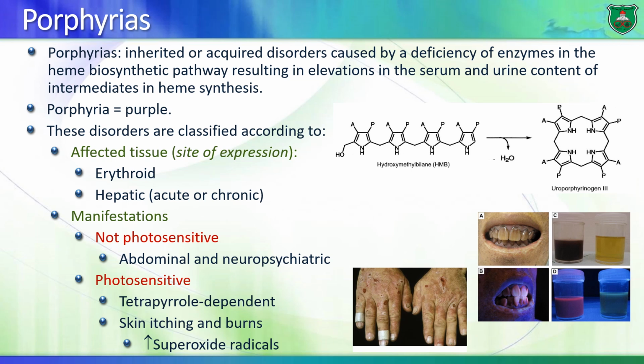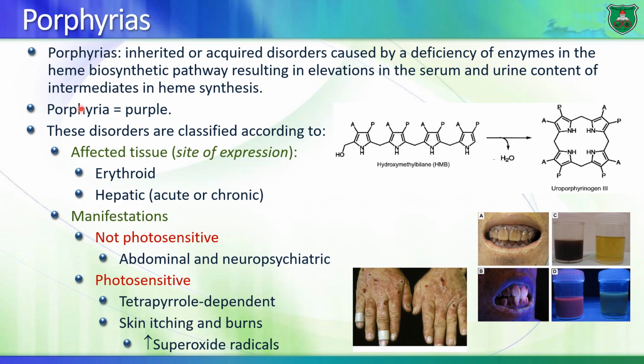So that would result in a group of conditions known as porphyrias, and porphyria really means purple, and the reason is that some of these intermediates can be turned into the purple color, and you will have these intermediates, by the way, accumulating in serum or urine.